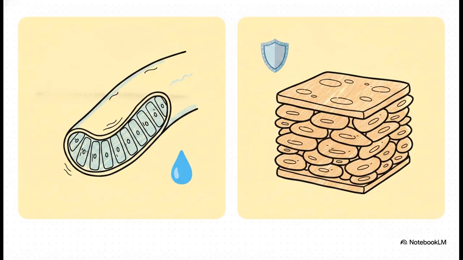But then you have compound epithelium. This type consists of 2 or more cell layers stacked up. Because it's significantly thicker, its main job isn't lining a delicate internal tube at all. Its job is hardcore protection. In fact, if you just look down at your own arm right now, you are literally looking at compound epithelium. Your skin is specifically designed this way to protect all the vital systems underneath.